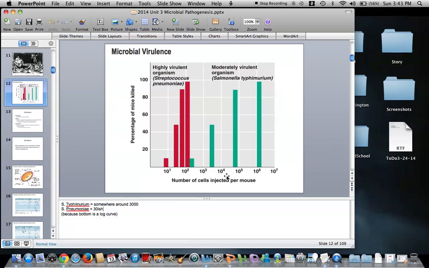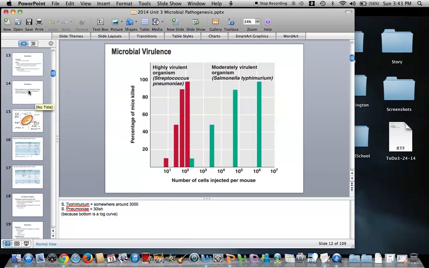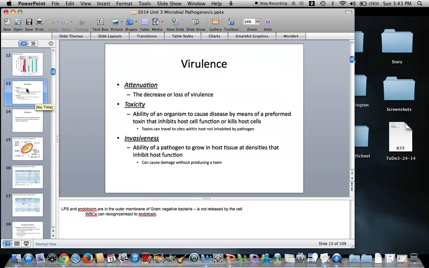Whereas here's your LD50, and you have to go up 3 orders of magnitude to get your LD100. Interesting that Salmonella typhimurium is called less virulent than Streptococcus pneumoniae, especially since Salmonella infections tend to cause more disease in humans. Whereas pneumonia in immunocompetent individuals tends to not be life-threatening.